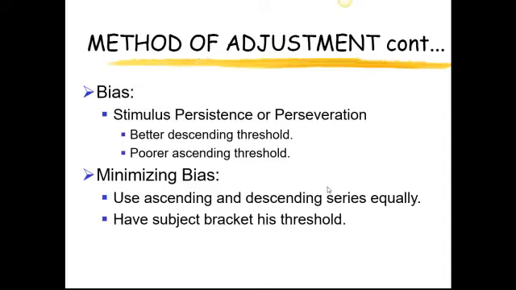And you can have the subject bracket their threshold, so hone in on their threshold rather than just one time adjusting to whether it's audible or inaudible. They can go, inaudible back to audible and then back to inaudible again. And then you're decreasing the step sizes as you go to bracket down in onto that threshold.